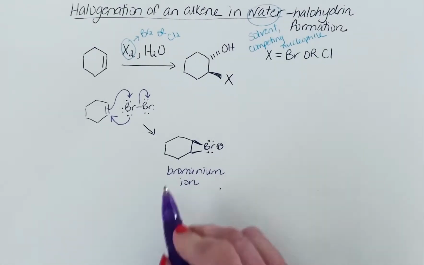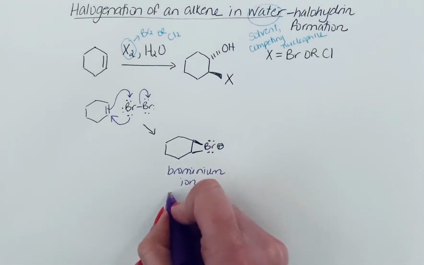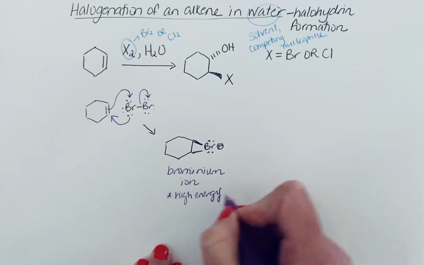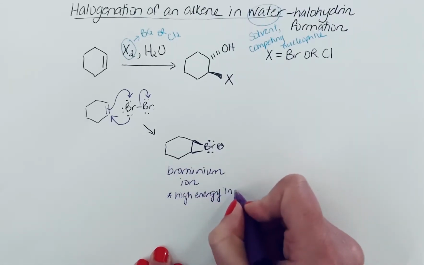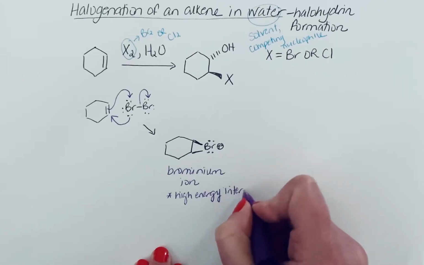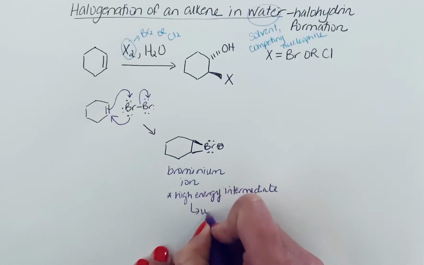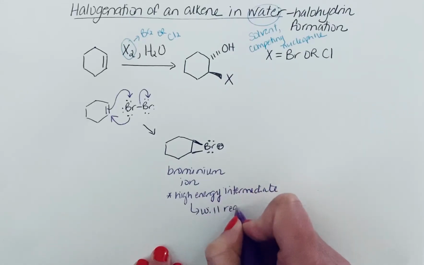This brominium ion is a high energy intermediate, and it will react with any nucleophile that it finds.